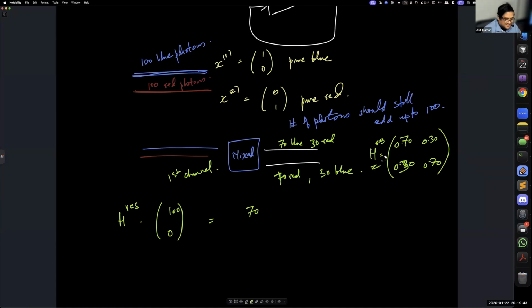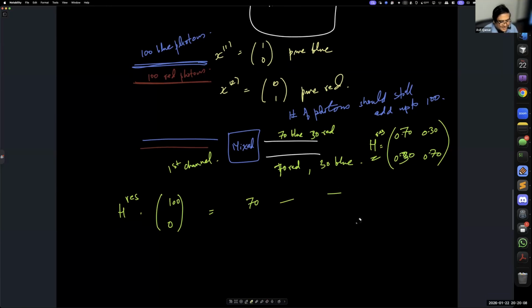Basically, let's take something simpler. Actually, in my example, I took half and half, so let's go with half and half for the time being. Yes, you will see that this does come out to be 70. Okay, so this is correct. 70-30 also works.